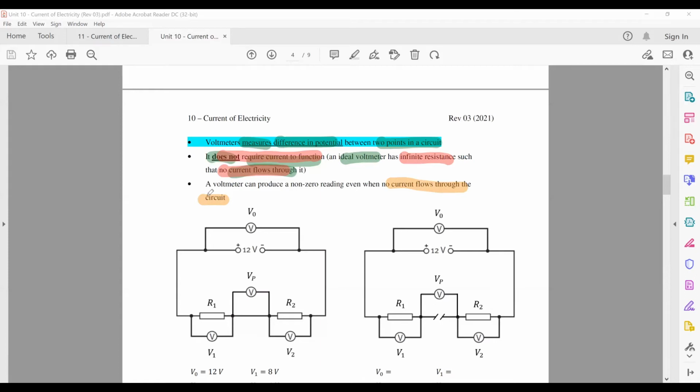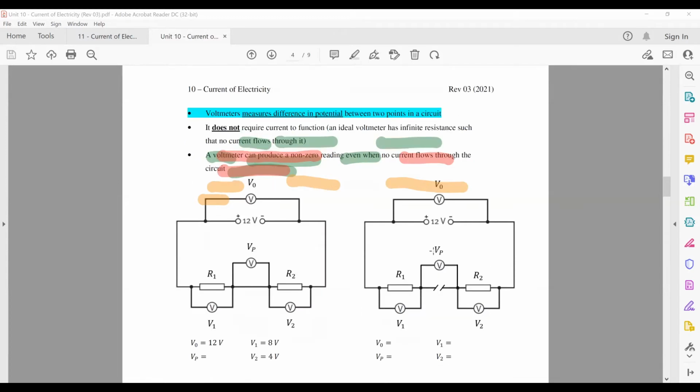Your voltmeter can give you a non-zero reading even when there's no current flowing through the circuit. So the example to illustrate that will be the diagrams here. So just remember for now, current does not flow through a voltmeter, it's not supposed to, and a voltmeter is really just supposed to measure differences in potential.